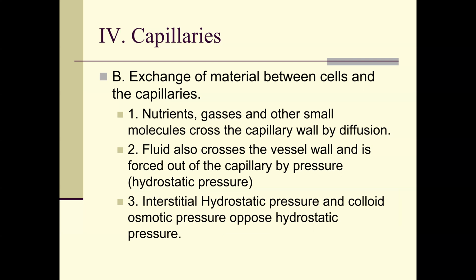And the colloidal osmotic pressure is the pressure generated inside the vessel by the large proteins and larger molecules that have water collected around them. And because they have water collected around them, they retain that water and don't want to give up that water.